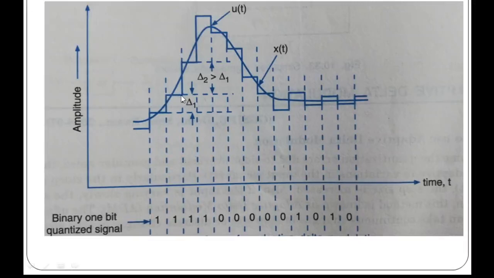Once again, let us take this point. So there are two increments here. Let's compare here. The signal x(t) is once again positive compared to u(t), so now there will be an increase, and this delta 2 is larger than delta 1, or simply it will be 2 times delta 1. So the step size is increased compared to the previous one.